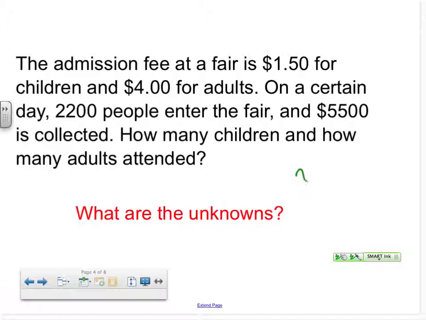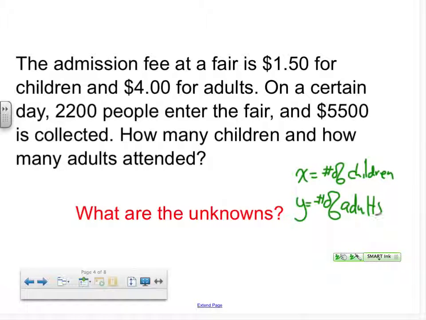So I'm going to say X equals the number of children and Y equals the number of adults. All right, so we've defined our unknowns. These are our variables. X is children, Y is adults.